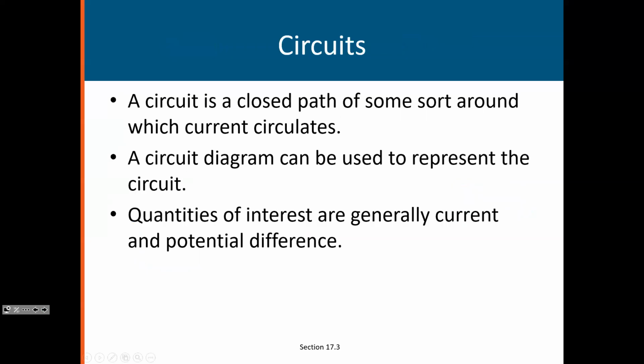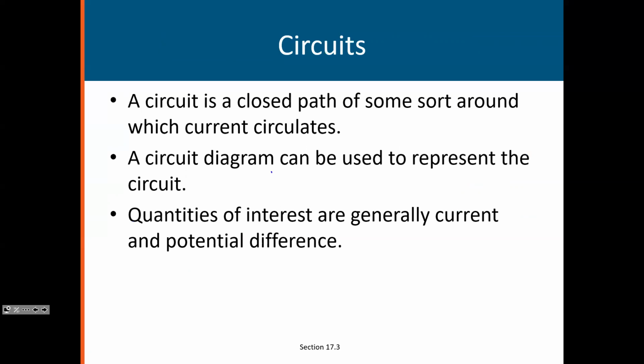What is a circuit? We talk about electric circuits. A circuit is a closed path, like what we set up there, not necessarily circular. When you close the switch, it becomes a closed path where the current can travel starting from the battery and come back to the battery.